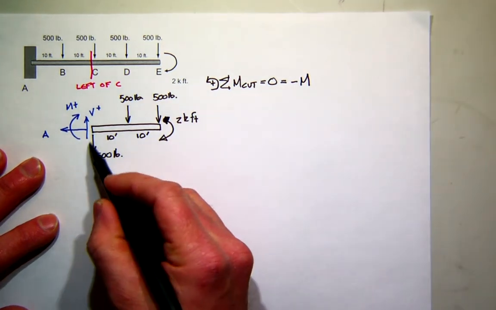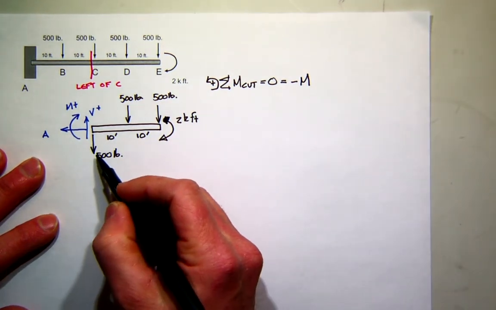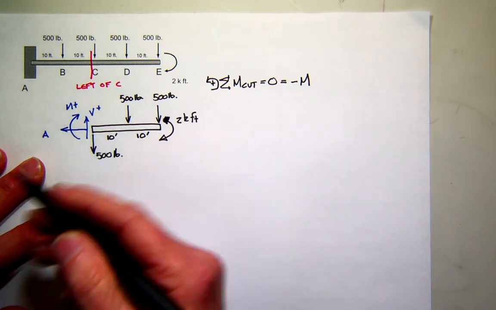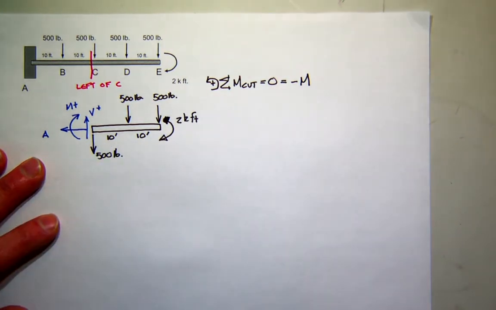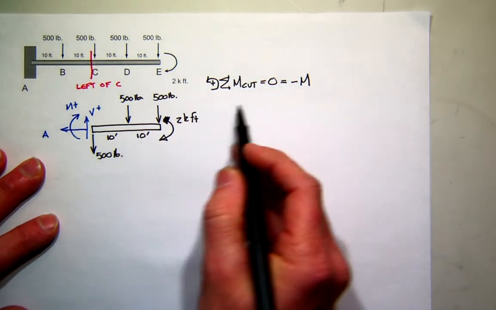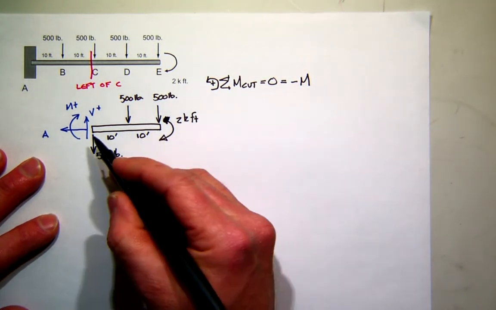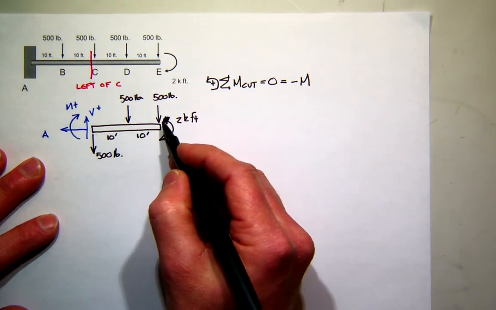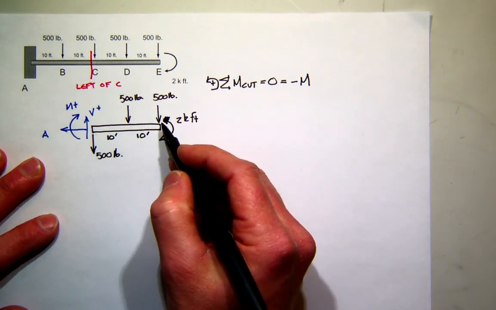What about this 500-pound force? Does it create any moment about the cut? Remember, we're so close to it that the moment arm is effectively 0. So there's no moment created by this force. Remember, we're summing moments about the cut plane. So then this one will create moment, and so will this one. And they both create what kind of moment? Positive or negative?